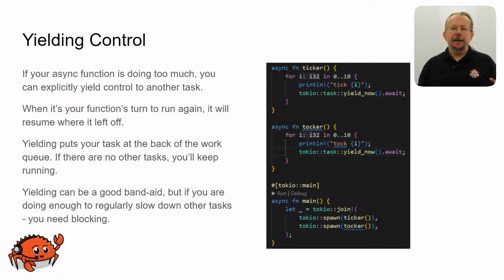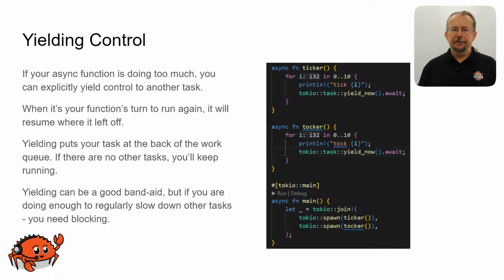And so if you do find yourself doing something like a large loop and you don't have a natural place to call some async code that requires an await point, you can always yield now, Tokio task yield now, and that indicates I would like you to put my process to the back of the execution queue. Come back to me when you're ready. If there's anything else in the job queue, they get a chance to run.